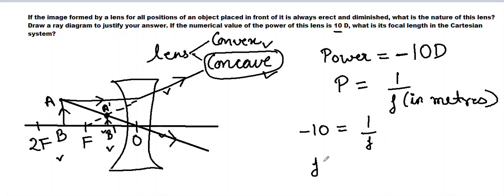So f is going to be minus 1 by 10, which is minus 0.1 meter. So this explains our answer, and the sign also tells us that it is a concave lens, because if it were a convex lens, the focal length would be positive.